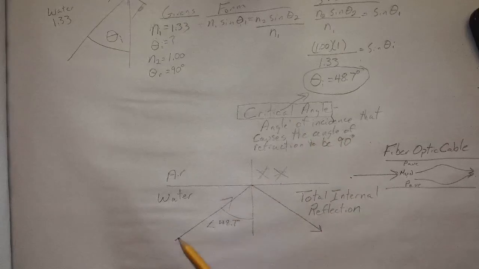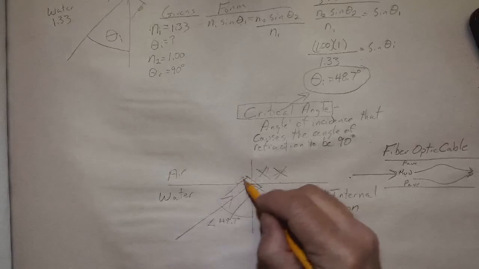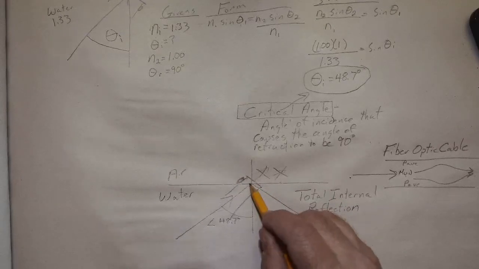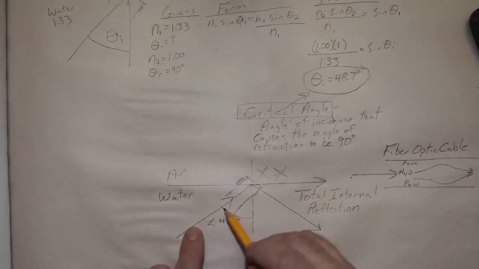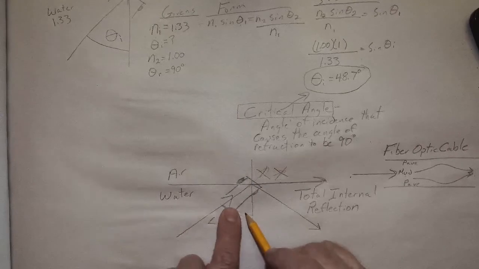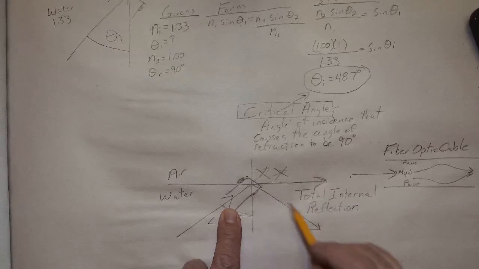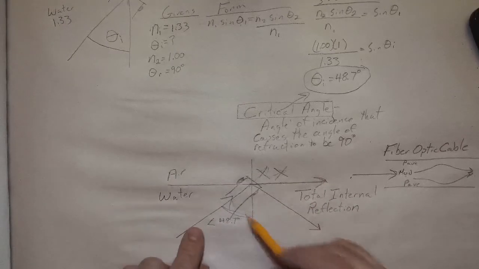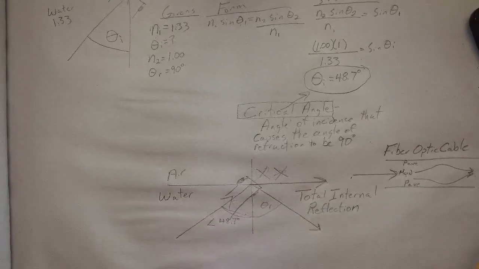And once again, if you use the Jeep story, this tire moves faster, this tire moves slower, and it would bend it down. The critical angle will be where the angle of refraction is 90 degrees for that particular angle of incidence. If you exceed that angle of incidence, there's no refraction whatsoever. All you have is pure total internal reflection. And then it obeys the laws of reflection, that this angle and this angle would now be the same.